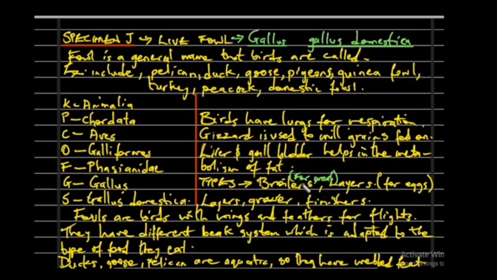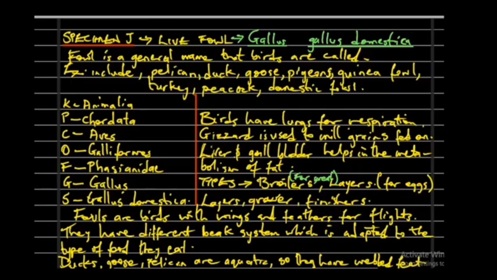Example, we have the broilers, the ones that are especially bred for their meat, and we have the layers that are bred for the eggs that they can produce. For the type of feed, particularly for domestic fowls, we have layers, growers, starters, finisher. These are examples of food that these animals can feed on.